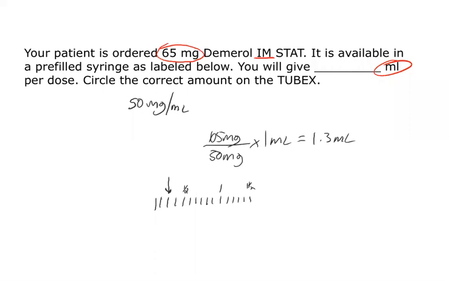So you just have to make sure you count the ticks and then put the appropriate number. Oh, I'm sorry, I put this in the wrong place. I put my answer here. I hope that wasn't too confusing.